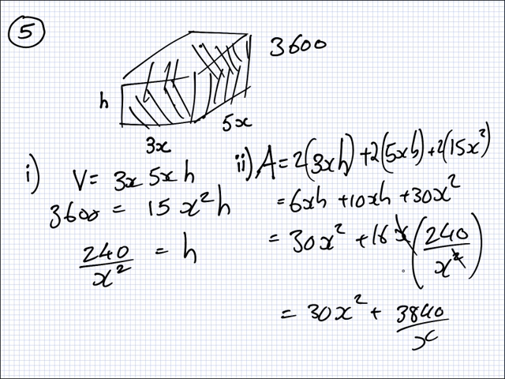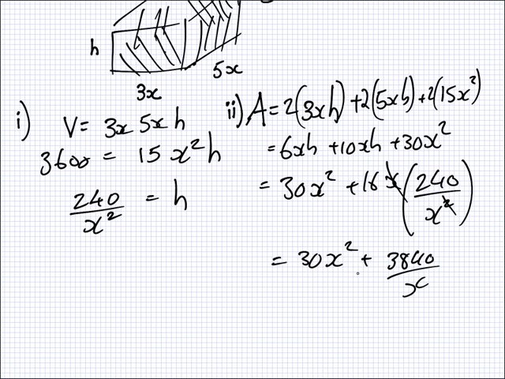Now, did they write it as 1 fraction or 2? It's 1. So I need to put it all over x, so that's 30x cubed plus 3840. I feel like I've done something wrong.